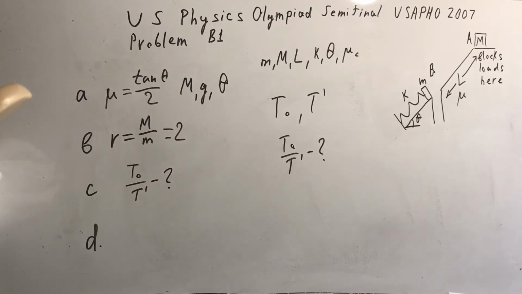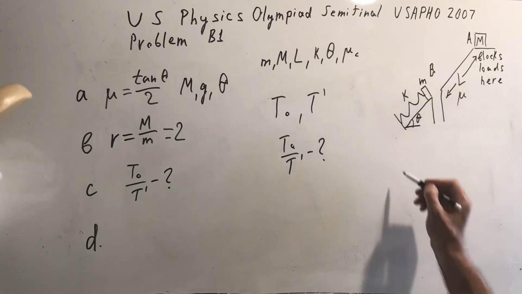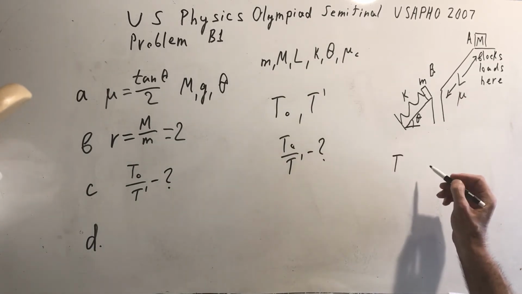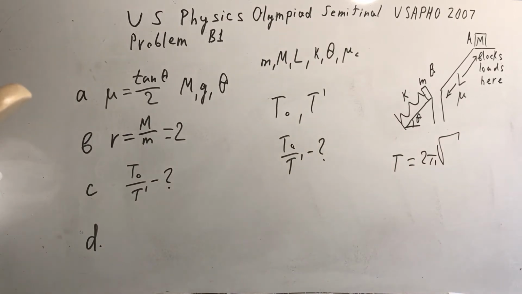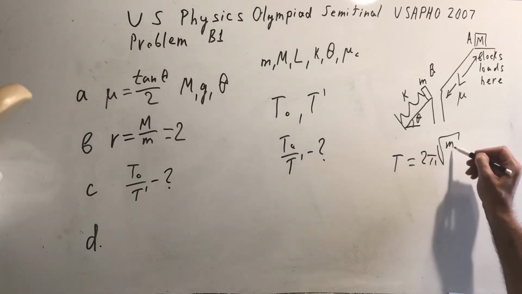So here we just need to mention that motion on this plane with the friction is a simple harmonic motion, and friction just changes the point of equilibrium, but it does not affect the period itself. So the full period for mass m will be 2 pi root m over k.